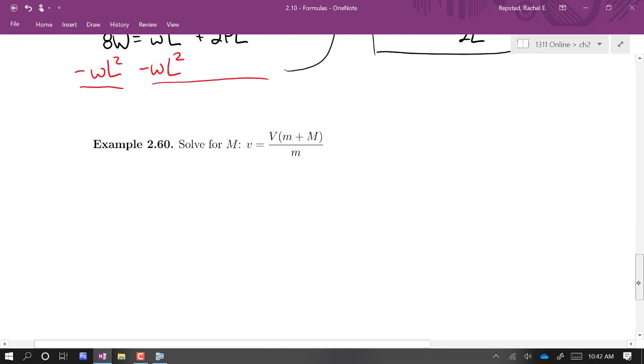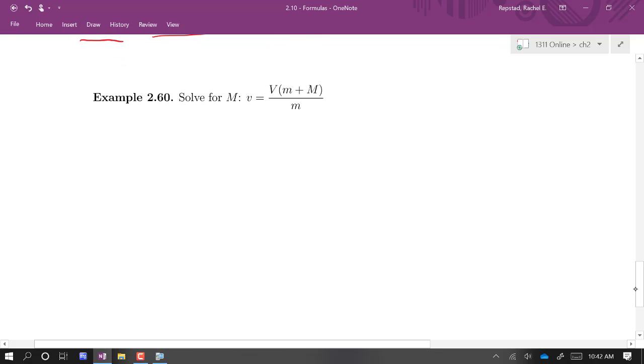All right, one more. We're going to solve this formula for big M. I'll start out by rewriting it to give myself some space. I'm also going to make note that I've got little m and big M here, and those are different variables. Again, I can see big M, which is what I want to solve for, is trapped inside a set of parentheses. Also, we've got a fraction here, so I'm going to get rid of the fraction. I'm going to clear denominators by multiplying both sides by little m.